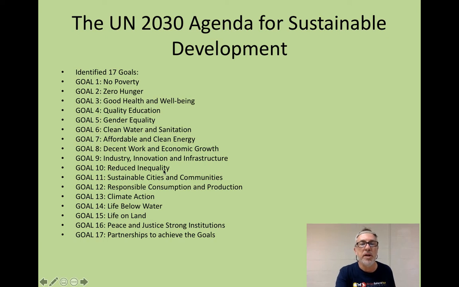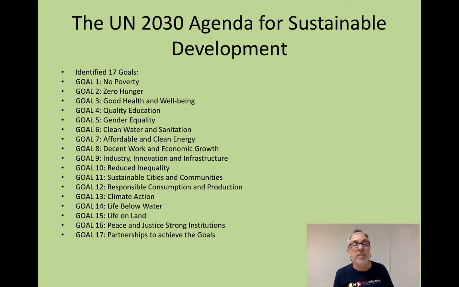Reduced inequality of people. Sustainable cities and communities that contain people. Responsible consumption and production by people. Climate action taken by people. And then finally in goal 14, life below water. Goal 15, life on land.